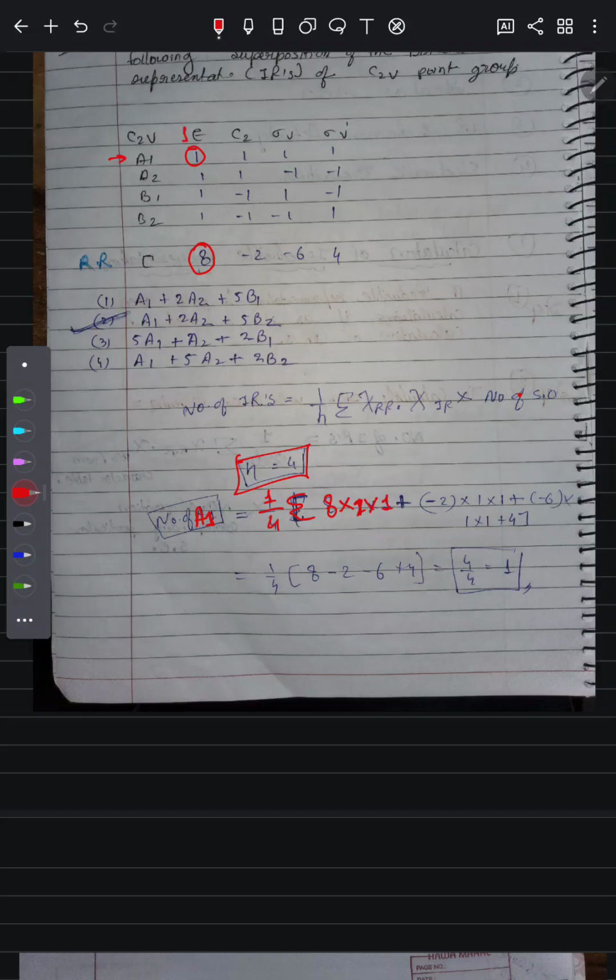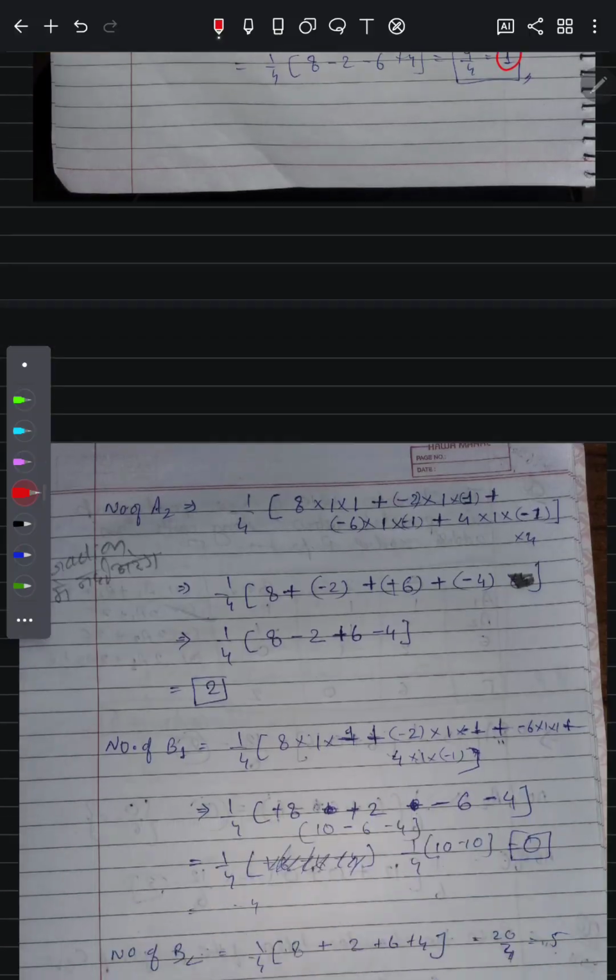Why is it 1? 1 is also here, for C2. This is also 1, and this is also 1. That is for the first value. Now we get to the next values, which are C2 and again sigma v and sigma v dash. These are all the values that we have put here. By solving this, we will get the number of A1 is equal to 1.